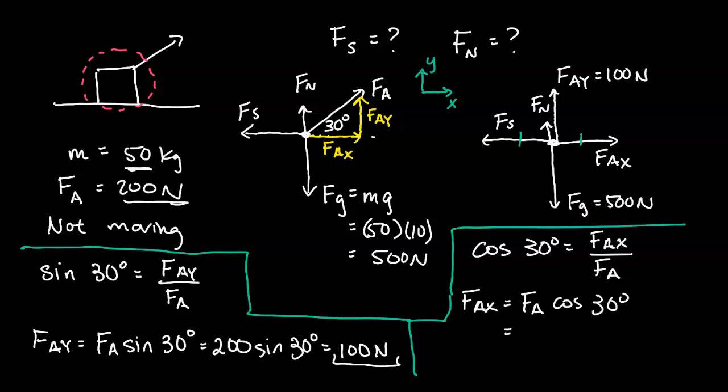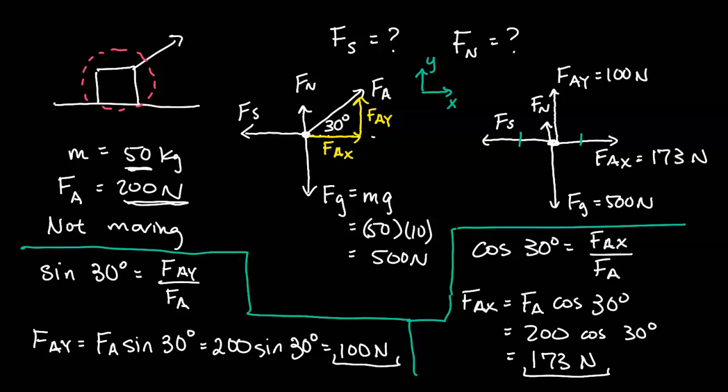Fa is once again 200 newtons, so 200 cosine 30 degrees gives me 173 newtons. Now I am going to put that on my force diagram. So Fax is 173 newtons.